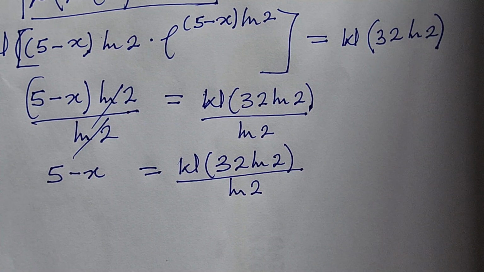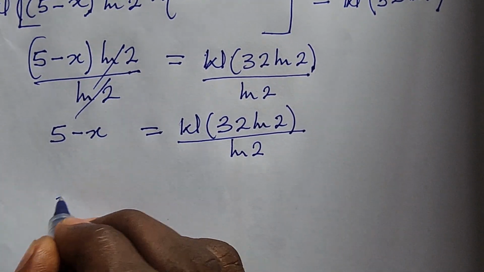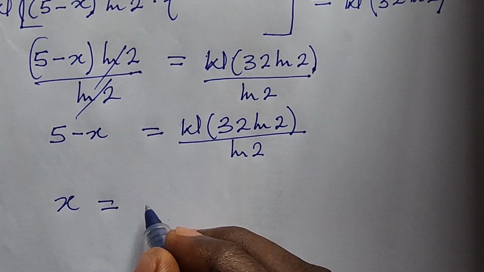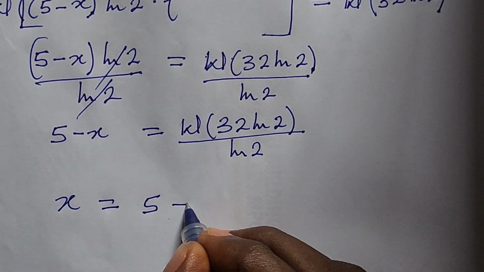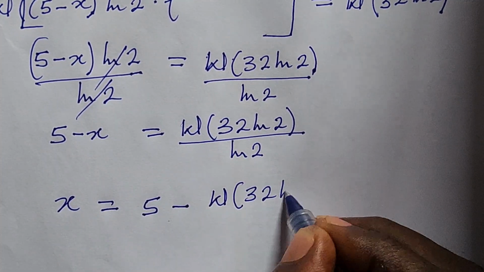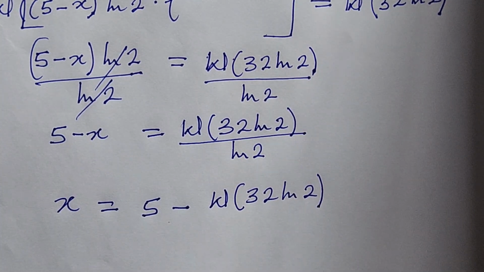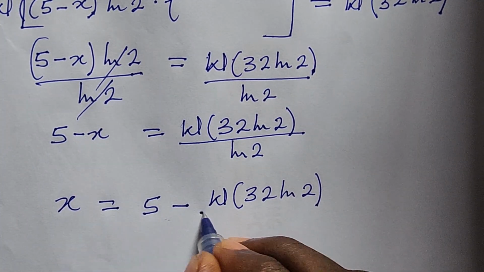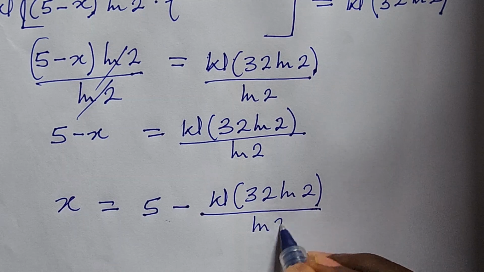If we rearrange from here, we're going to have x will now be equal to 5 minus the Lambert W function of 32 ln of 2, all over ln of 2.